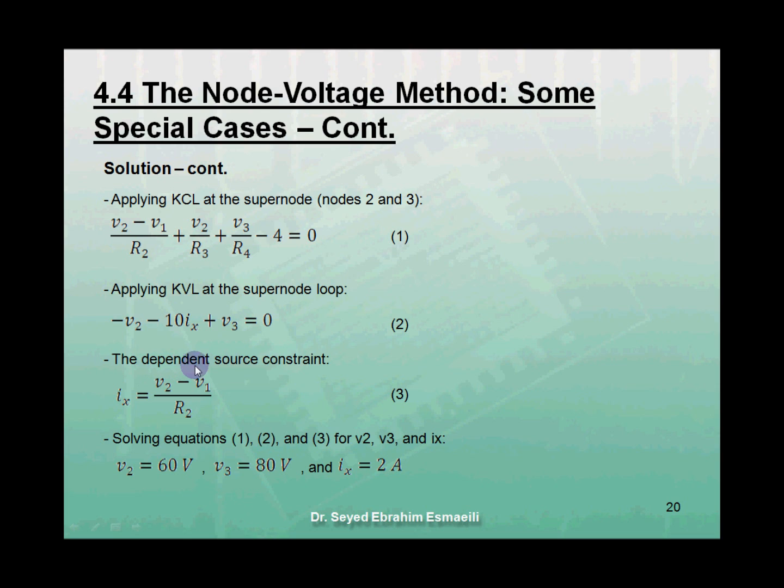The dependent source constraint is Ix equals (V2 minus V1) over R2. Solving these three equations for the three unknowns V2, V3, and Ix, we get V2 equals 60 volts, V3 equals 80 volts, and Ix equals 2 amps.